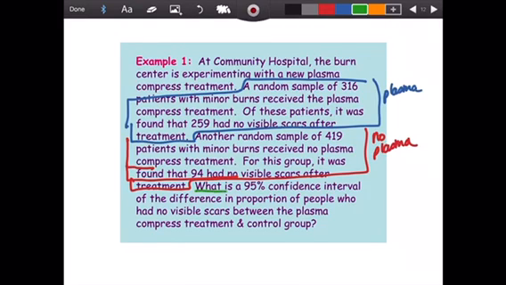Now what we would like to do is calculate a 95% confidence interval for the difference in proportions of people who had no visible scars between the plasma compress treatment and the control group. Now we're going to go all the way through calculating a confidence interval. So step 1 is to check our assumptions or conditions.